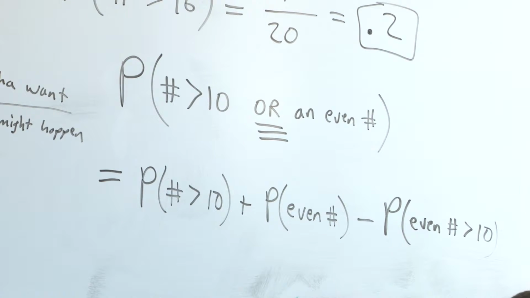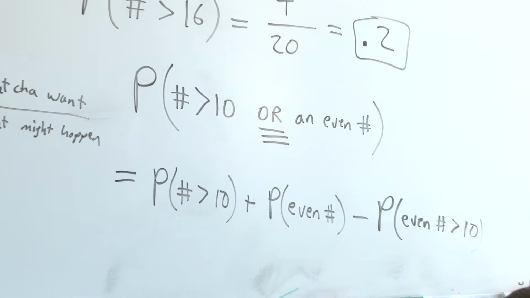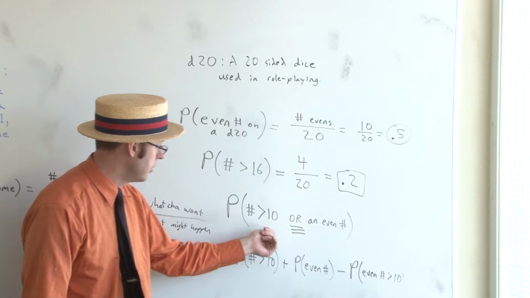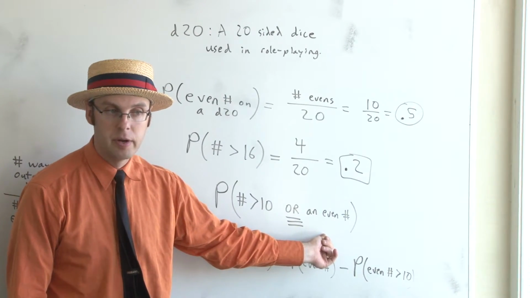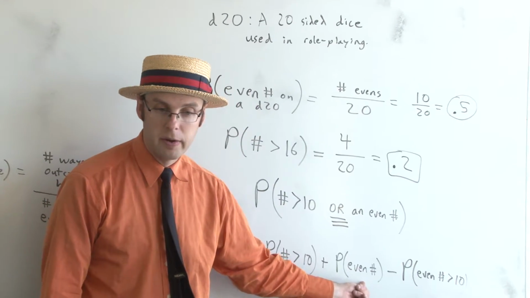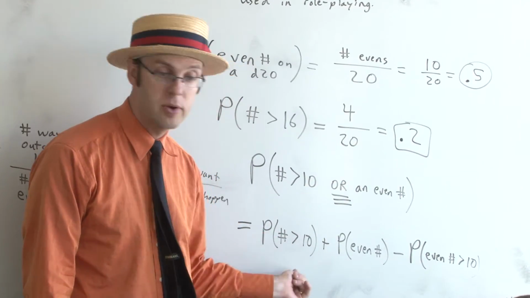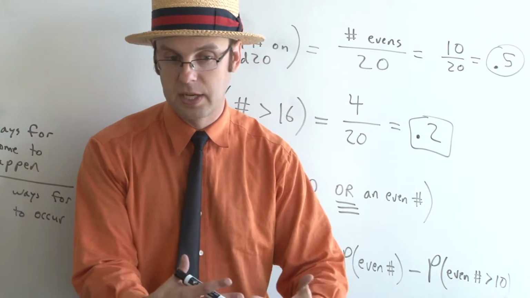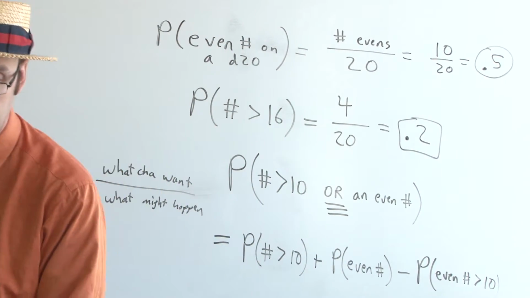I've got to do that subtraction, otherwise I'm going to count some numbers twice. Like the number 12 is both greater than 10 and an even number. It's here, and it's also here. So to avoid counting that outcome twice, I'm subtracting off anything that's in the intersection of those two groups.